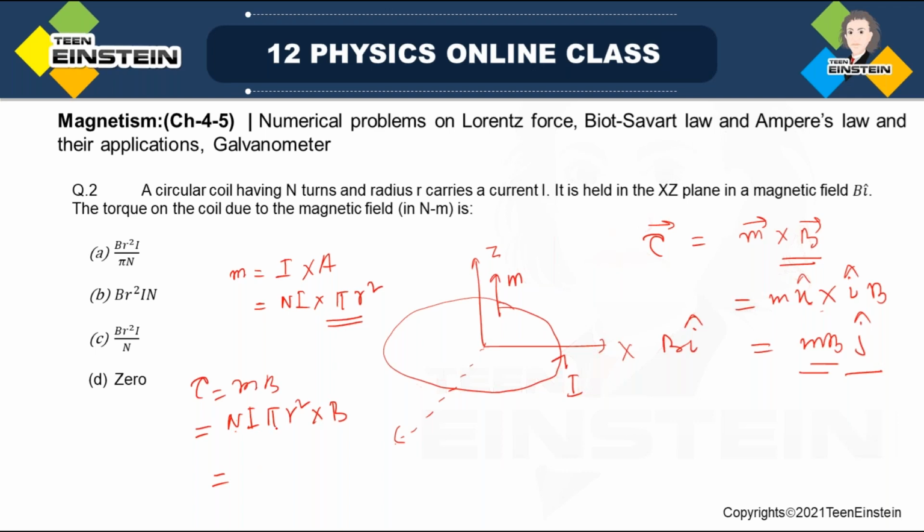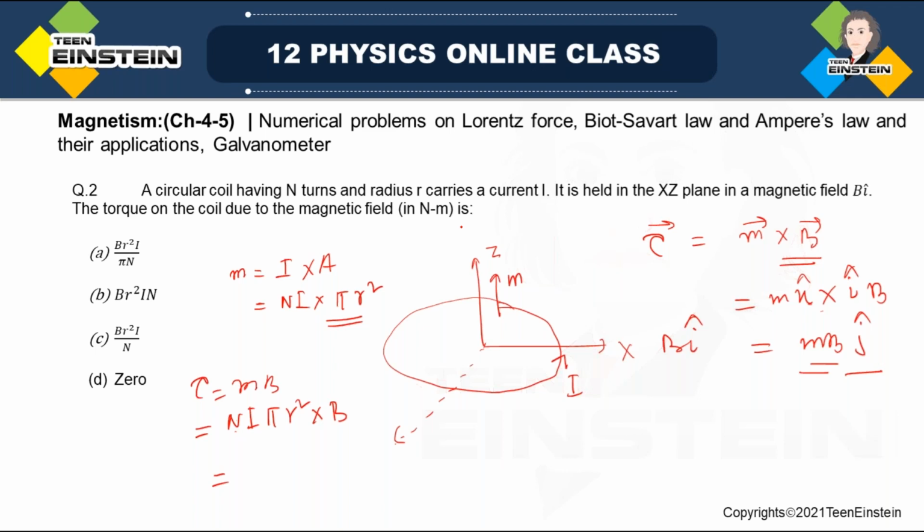n pi I r square into B. So this is the magnetic torque due to this field.